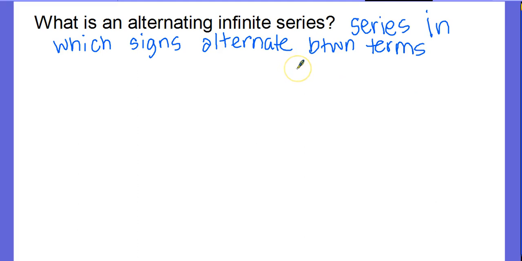For example, did I put an example? I put an empty space, right? So for example, I could do negative 3 plus 6 minus 9 plus 12 minus, okay, we're going to do an infinity, but we're not going to do the ellipsis down here at the bottom.